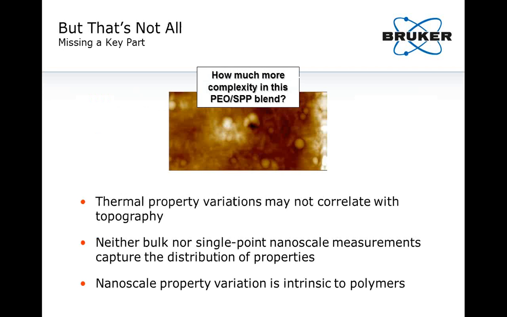We've also seen in that last study that when we looked a little more closely and performed additional measurements, we uncovered additional detail on the sample. And we were able to do that investigation so far because topography had already given us a hint there. But of course, in general, it may be that there are additional variations that may not correlate with topography, which would then not be uncovered by a single or few single-point measurements, and of course be missed by bulk measurements.